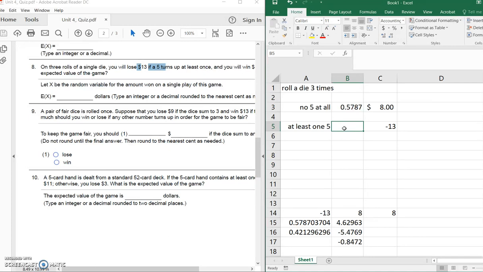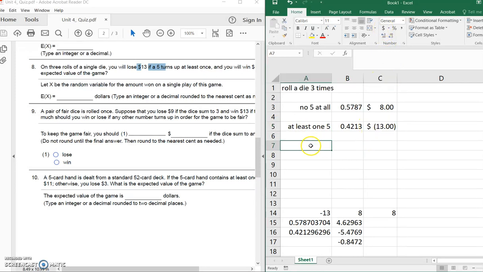So instead what we do is we subtract this probability from 1, because 1 minus the probability of not rolling a 5 at all would give you the probability of rolling at least 1 five. And when you roll at least 1 five, you lose $13.